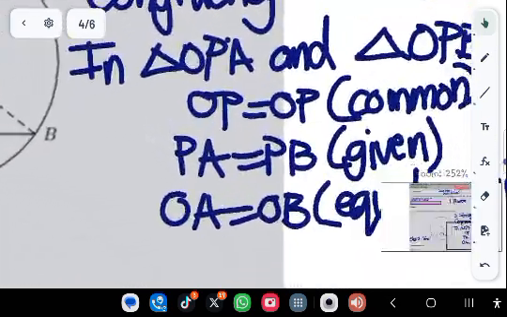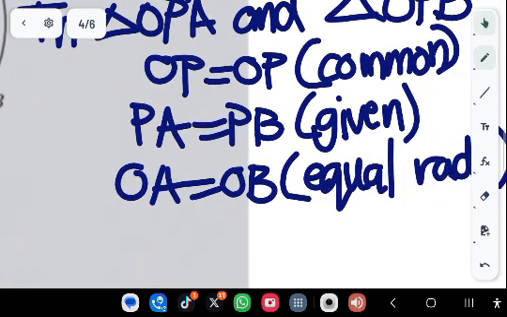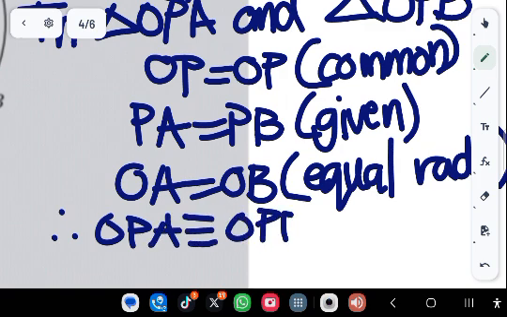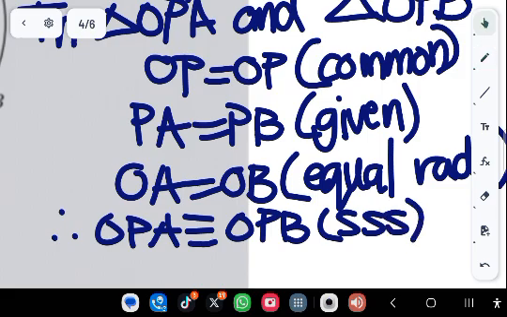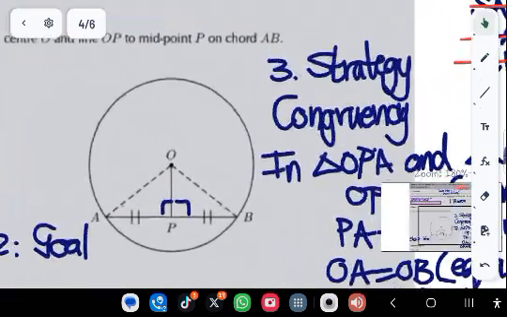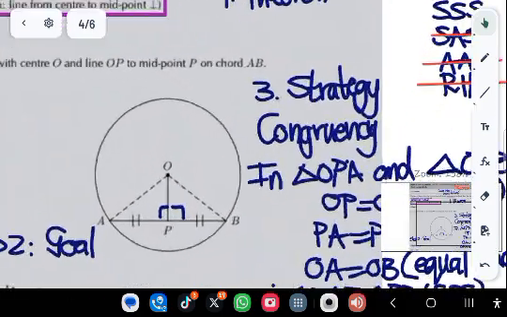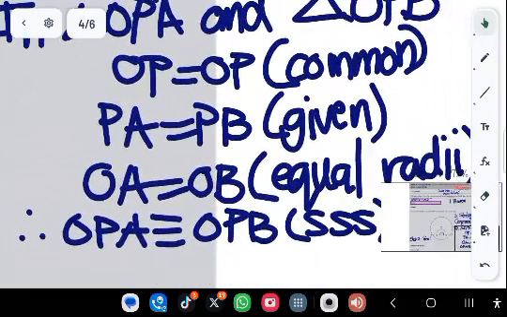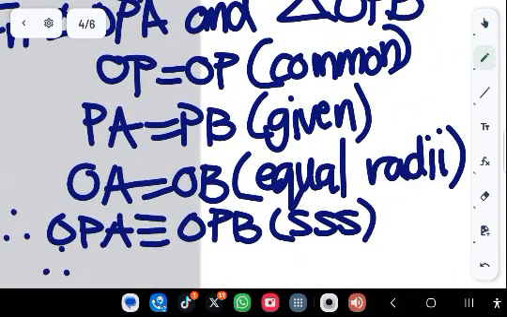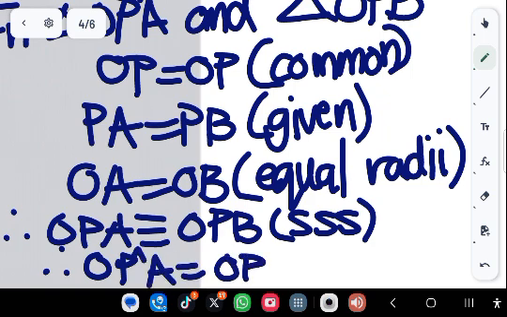Therefore, triangle OPA is congruent to triangle OPB, and the reason is side, side, side. So now that we've proven that, it means that angle OPA is equal to angle OPB.